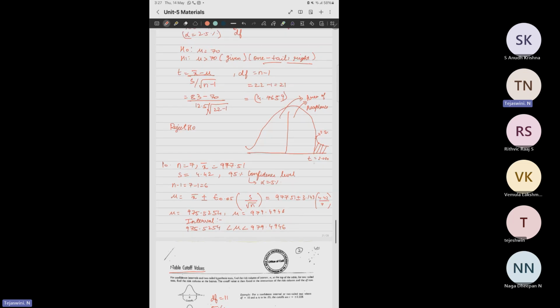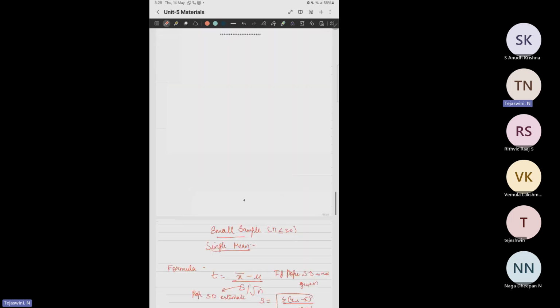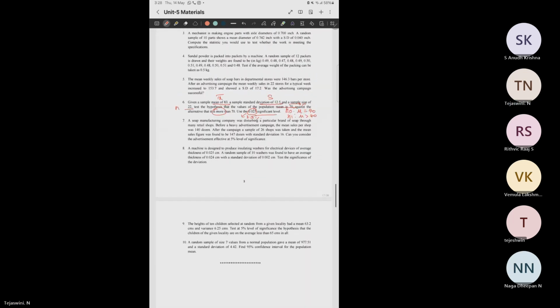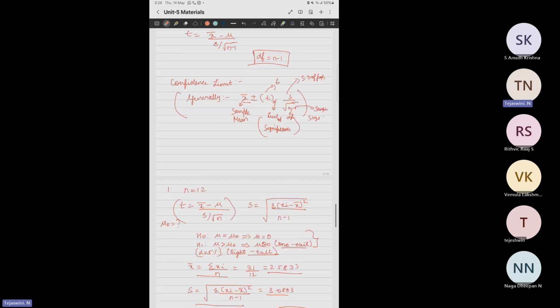And the value of t here is 4.7659, which is greater than the table value, so it does not lie in the area of acceptance. So we'll have to reject H0 and accept H1. Accepting H1 means that the population mean is more than 70.